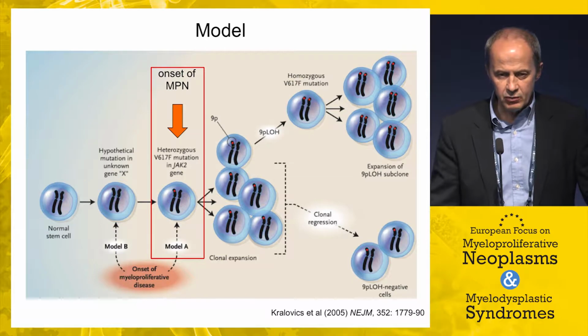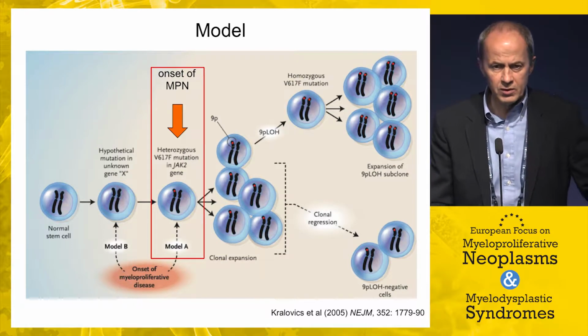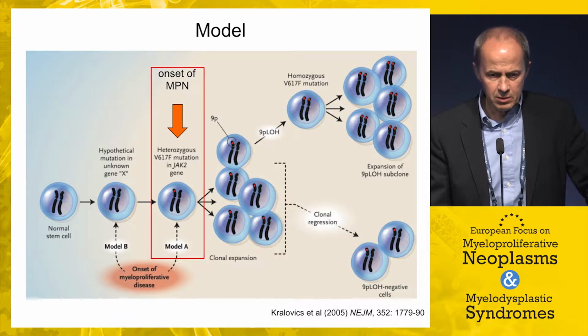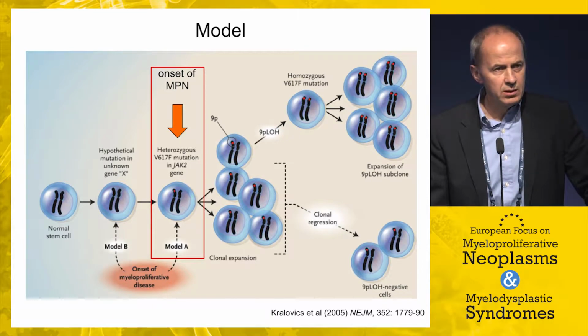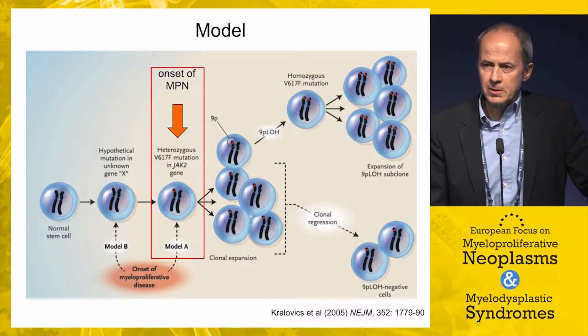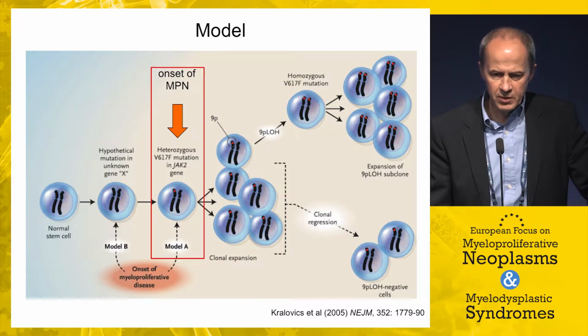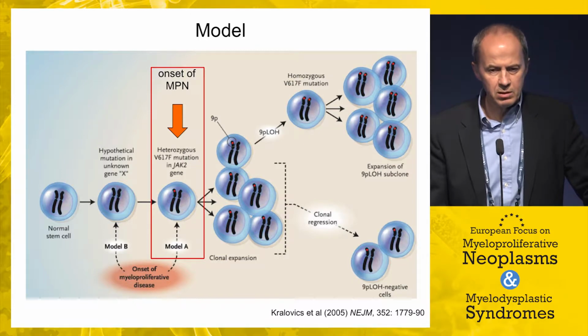So today we have 3 driver genes, and I will review them. One is JAK2 mutations, calreticulin, and MPL, the thrombopoietin receptor. You've also nicely heard in Luca Malcovati's presentation that there are additional mutations, and actually the genes mutated in MPN are frequently the same as in MDS and also in acute leukemia, and most of them we think are involved in disease progression.